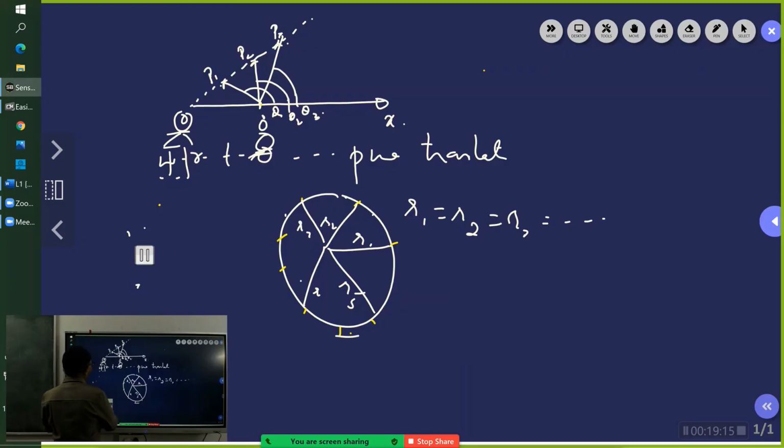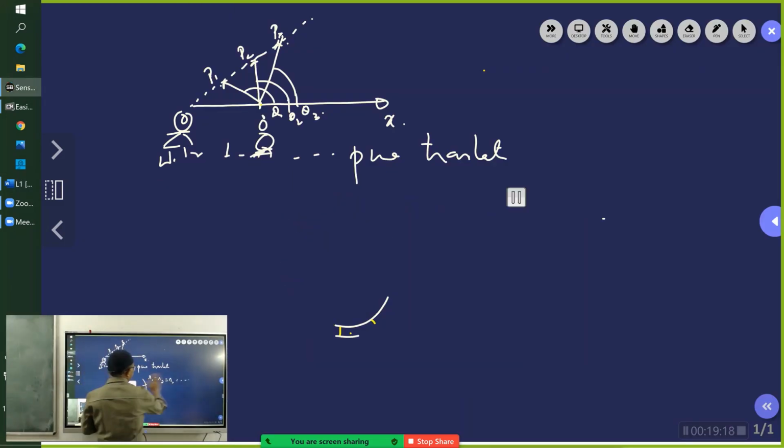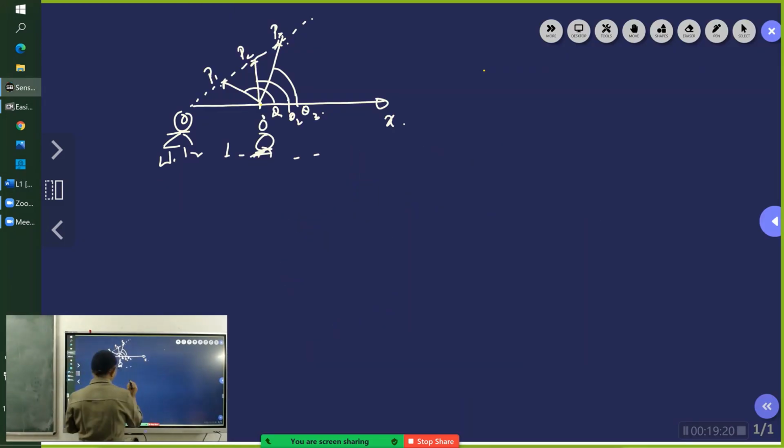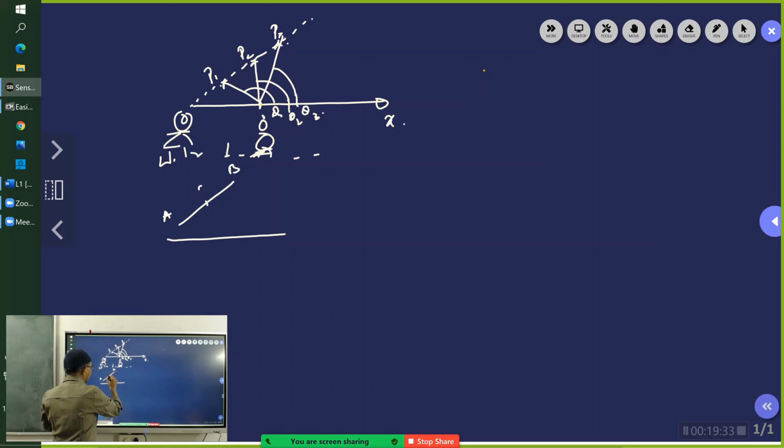I hope you are able to imagine what I said. So the rod is like this: A, B, this point is C, and this point is O. This is of course X.